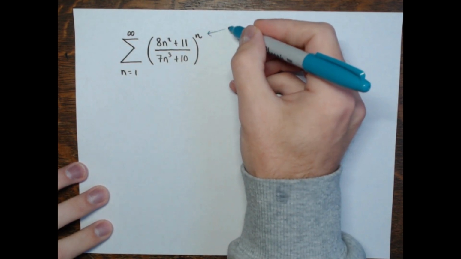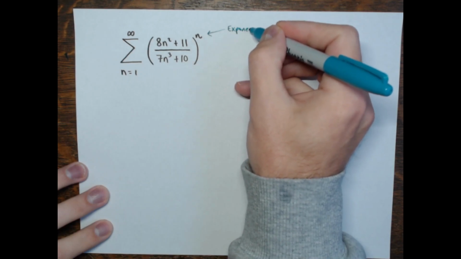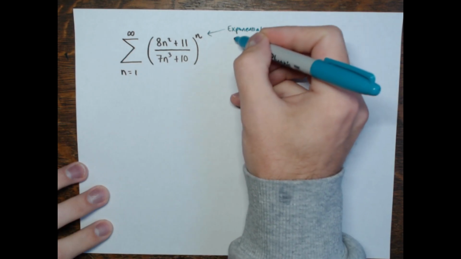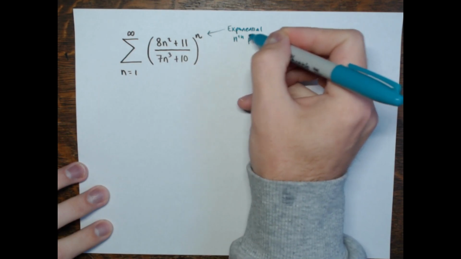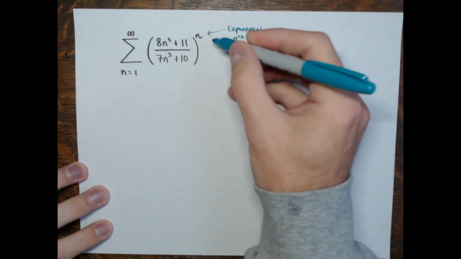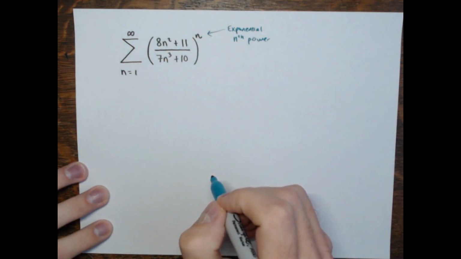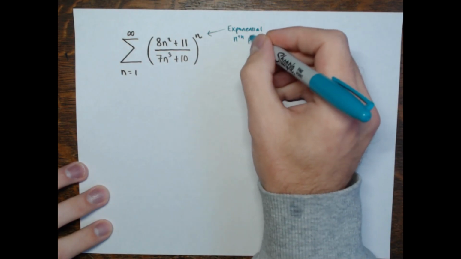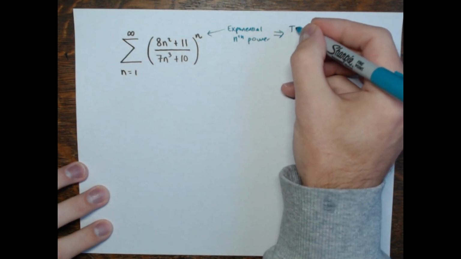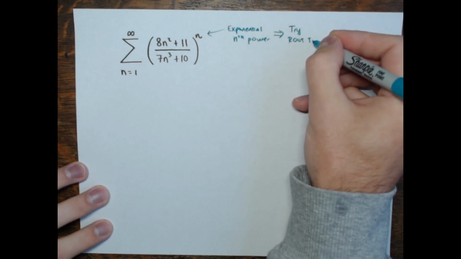So I see this exponential here, right? This nth power or some multiple of n power, something involving n as a power for the terms of our series. If I see that, I would recommend trying the root test first.